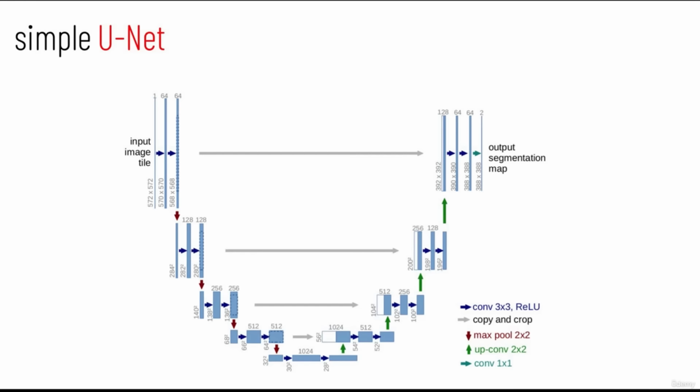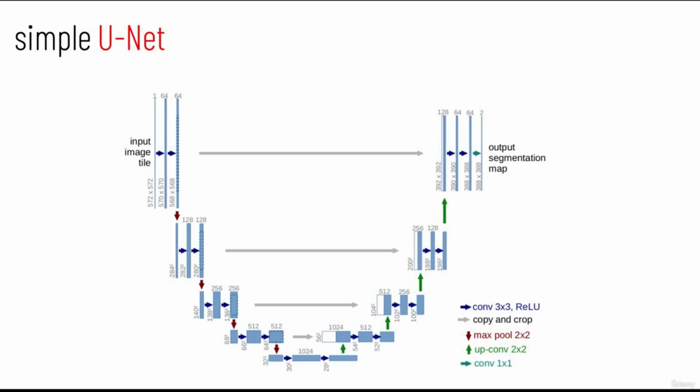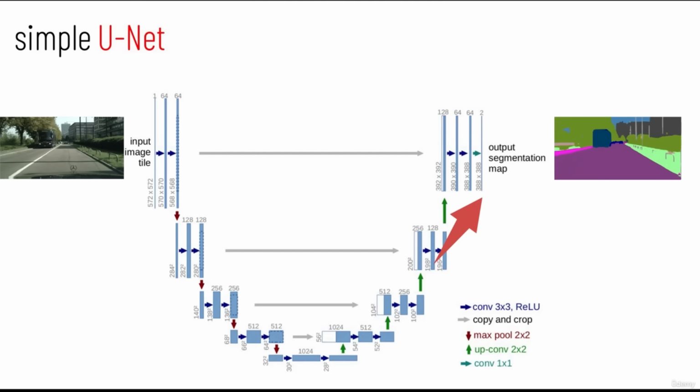Hi, in this video we'll talk about the simple U network. Here they used this U network for segmentation task. Now, what is segmentation task? Let's say that we have this image. Now let's say that we want to classify each pixel on this image to a specific class. So we will pass this image to our U network. This network was trained previously to do this task, and we will get the output from this U network.